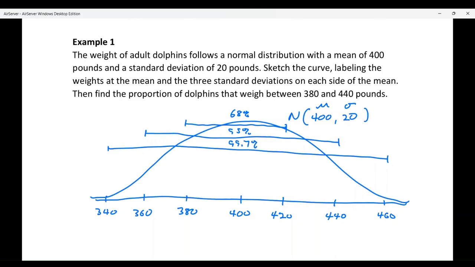So I'm in a class of about 15 hundredths of a percent of dolphins that would weigh more than 460 pounds, right? And that's one way we can think about this data.